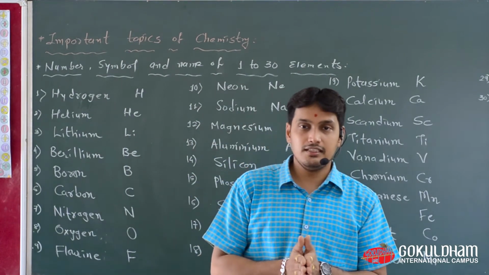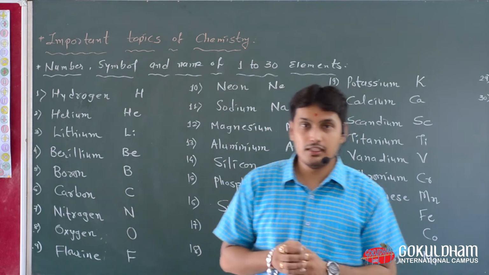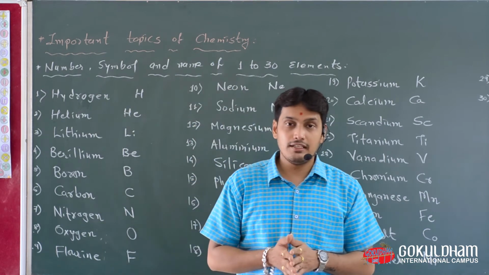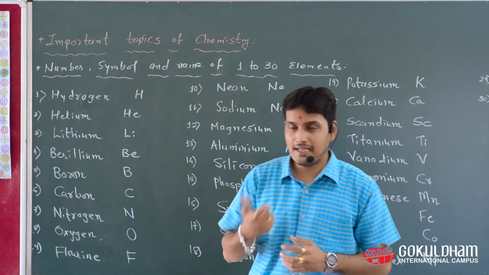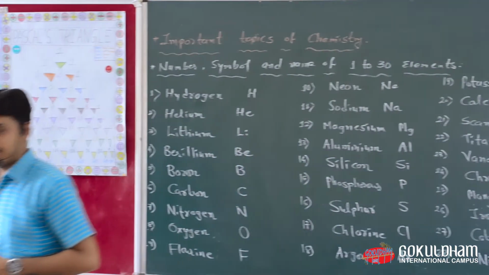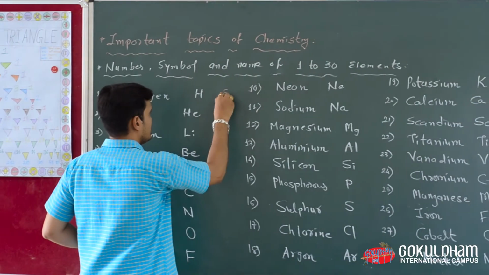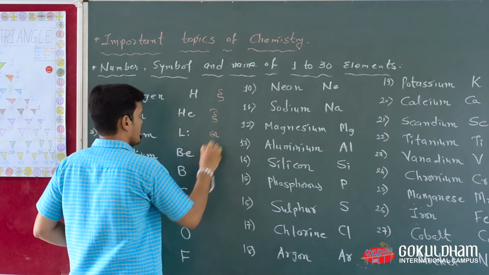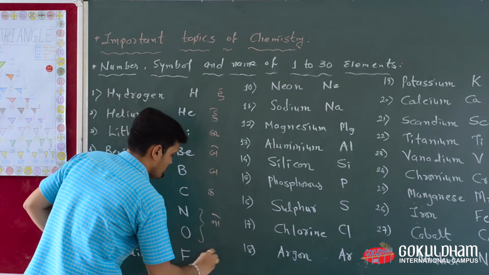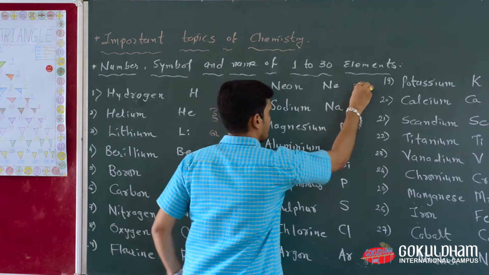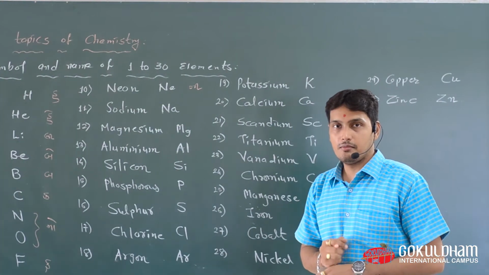Now our question is how to remember them in order. Suppose I ask you directly for number 7, then you should be able to find nitrogen very quickly. So you can remember it as: H He Li Be B C N O F Ne, like the key "H he li be bak no funny."